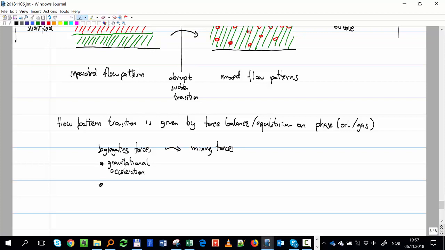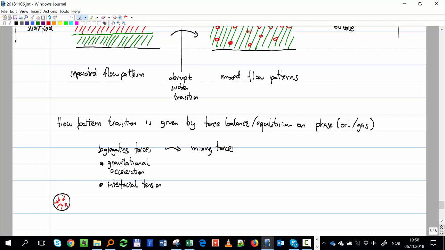What else do we have? Interfacial tension, for example. Interfacial tension is what keeps the droplet from breaking up. That's what is keeping the droplet together, or the bubble together.